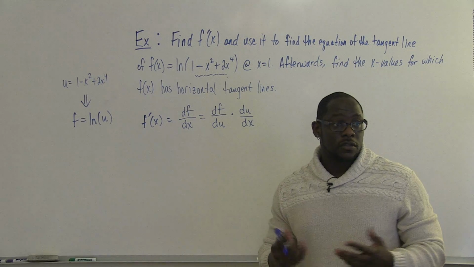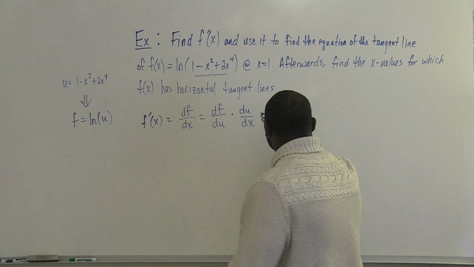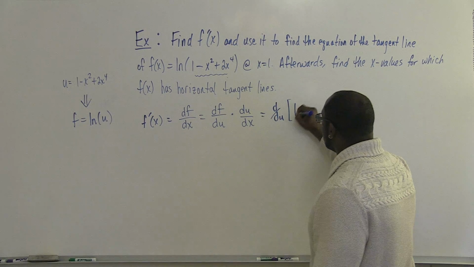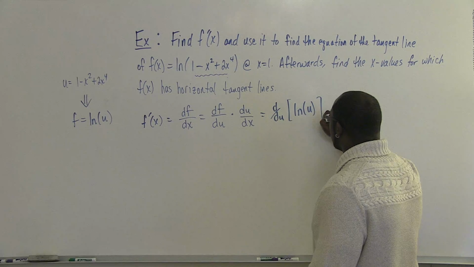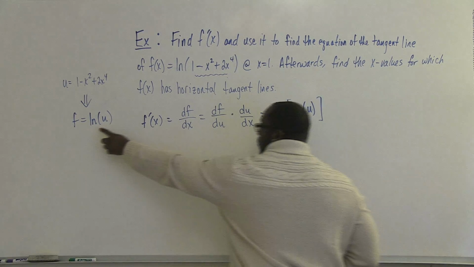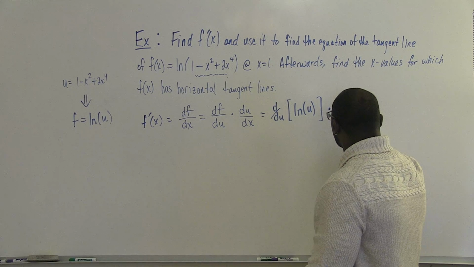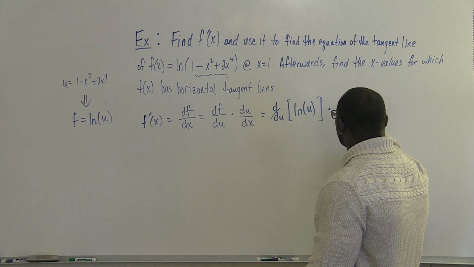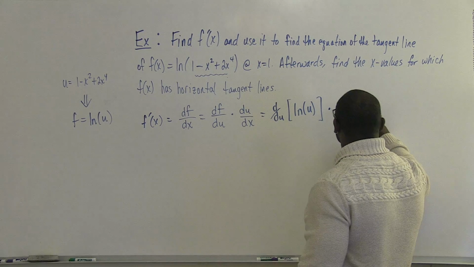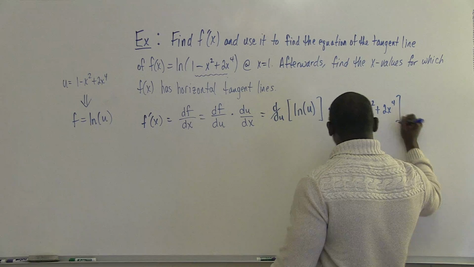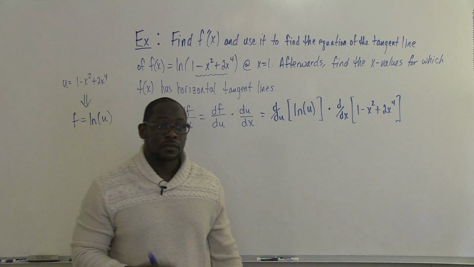Okay? So from here, we will say the derivative of f is now natural log of u, and the derivative of u with respect to x would just be all of this.